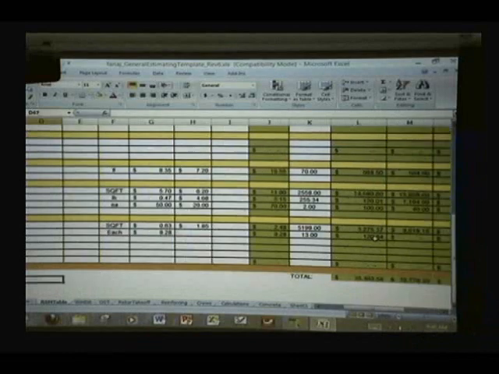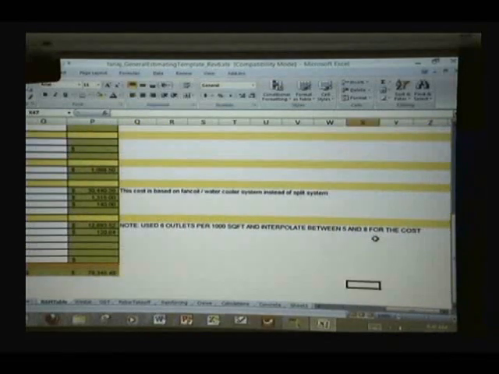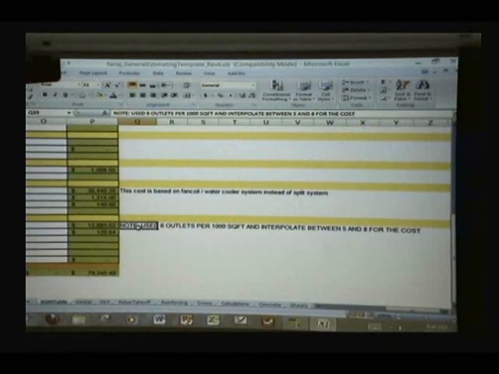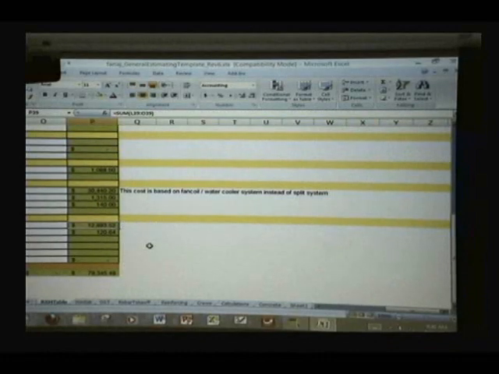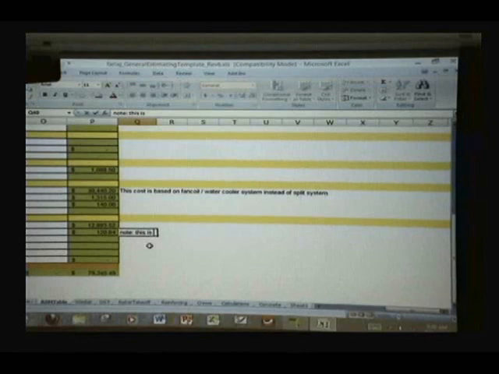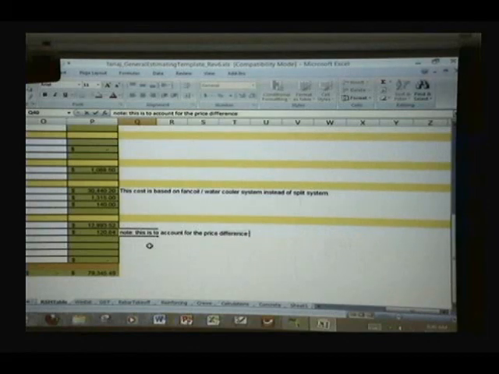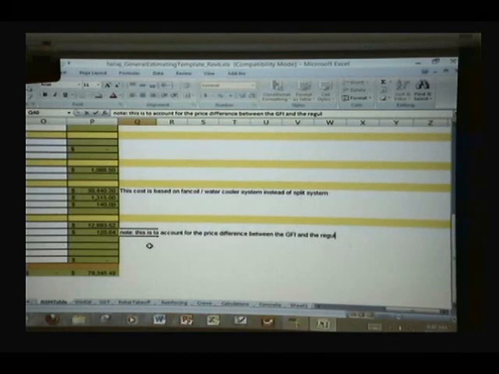So now I can delete this note because I'm no longer doing the interpolation. I can add a note here that says, note, this is to account for the price difference between the GFI and the regular duplex outlet.